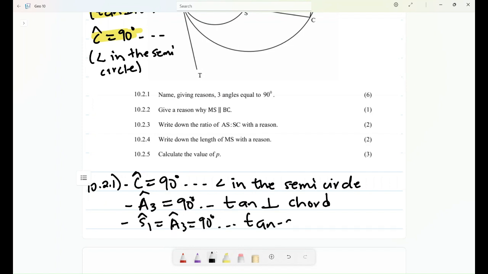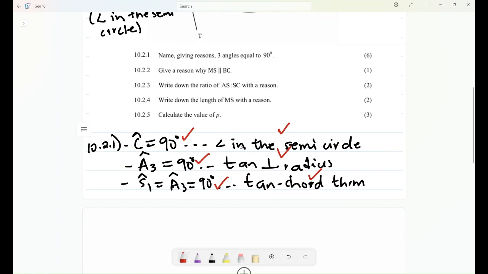Tan chord. Sorry, tangent perpendicular to radius. Here is the tan chord theorem. All right, 3 marks, 6 marks. How is it 6 marks? Statement and reason. Geometry is statement and reason.